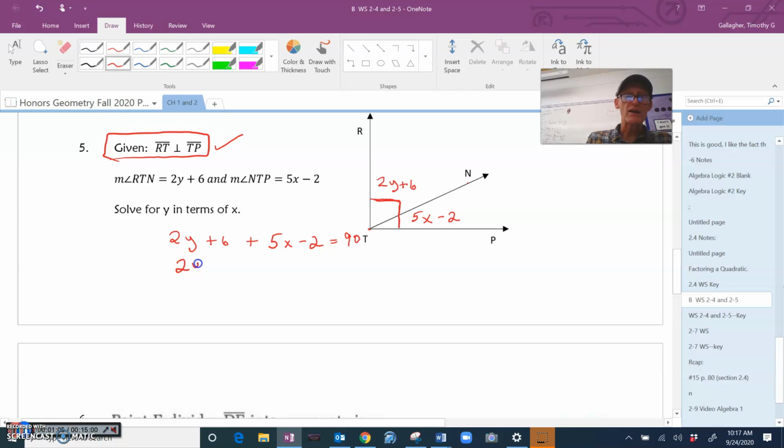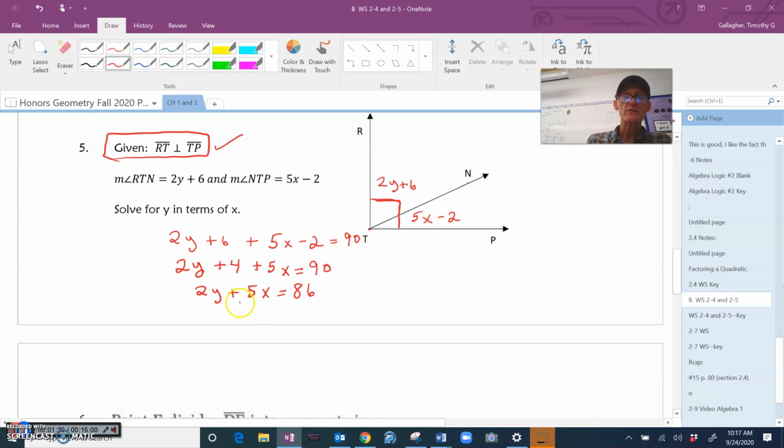To simplify the left, I'd write 2y plus 4 plus 5x equals 90. If I subtract the 4 from both sides, I have 2y plus 5x equals 86.